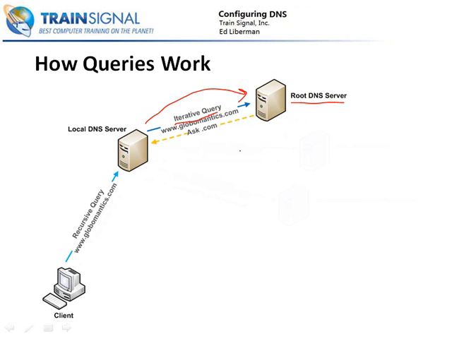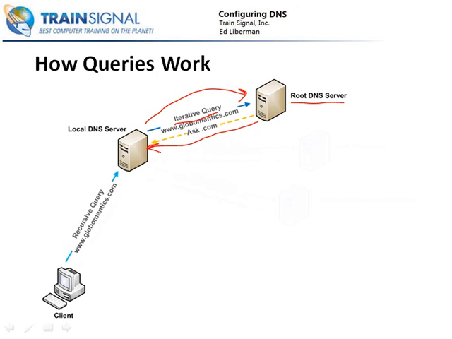So our local DNS server asked, do you know who www.globalmantics.com is? And because it was iterative, the root DNS server can only answer what it knows. And what it knows is, no, I don't, but I do have the IP address of a .com DNS server. Why don't you go ask that server?